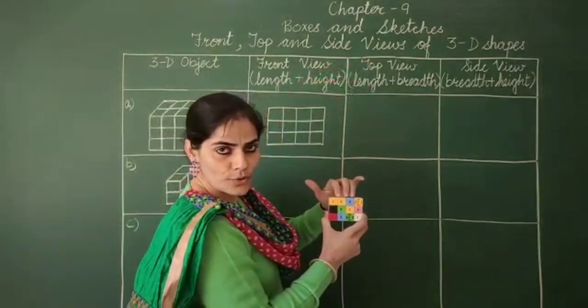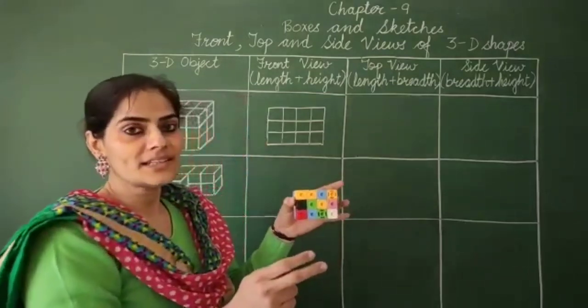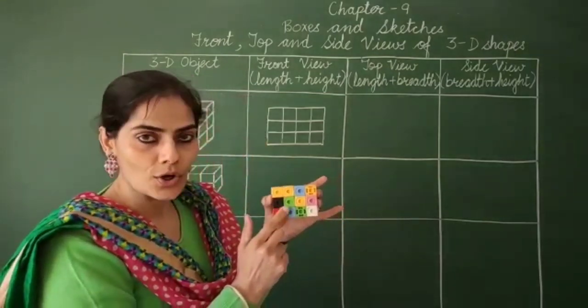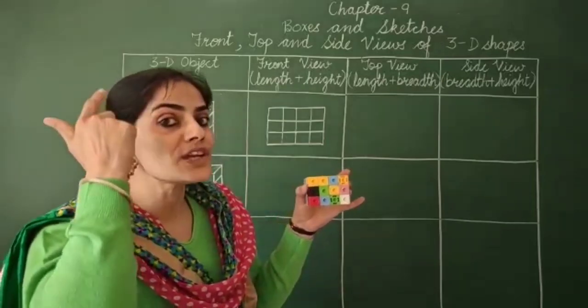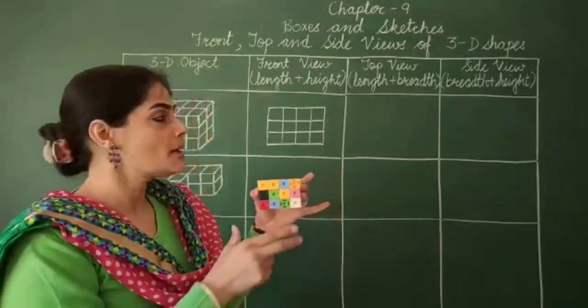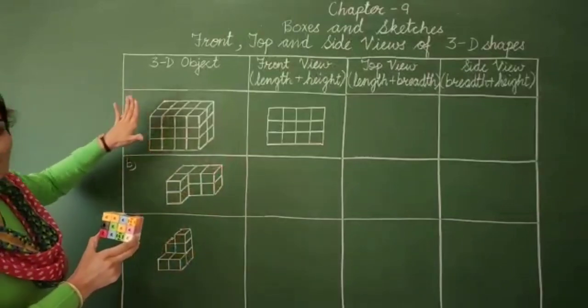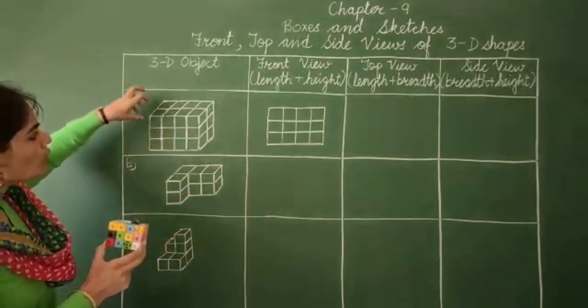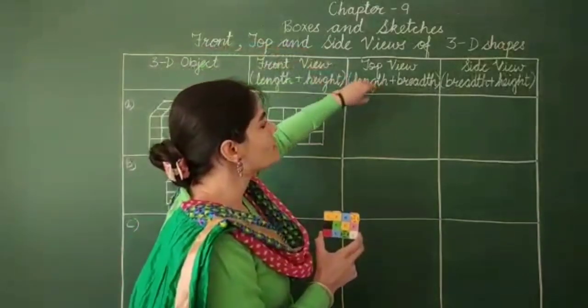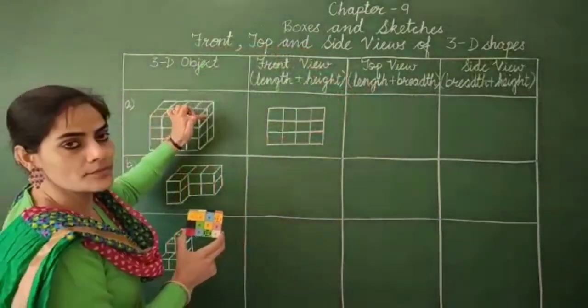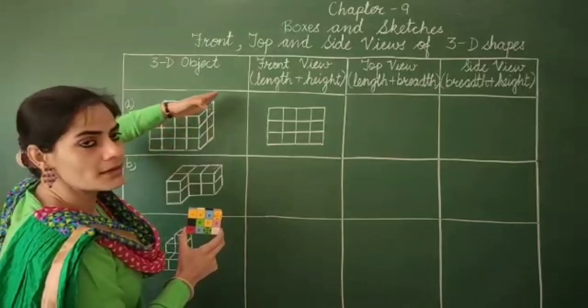Now next is the top view. This is the top view, everybody. Nobody is going to show you the solid shape the way I am showing it. You will have to visualize in your mind by observing the drawn 3D shape. Now what are you able to see from top? From top you will be able to see the length. You will be able to see the breadth.